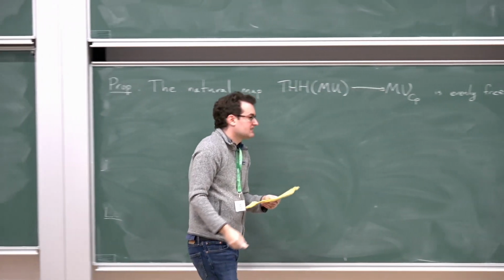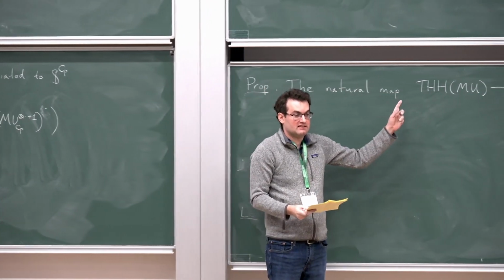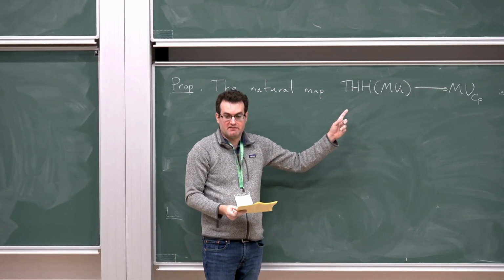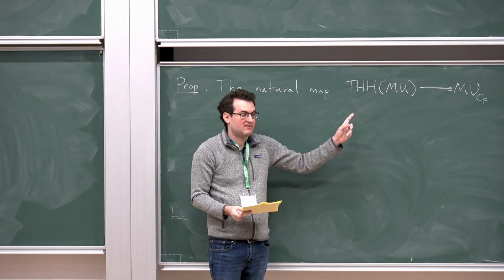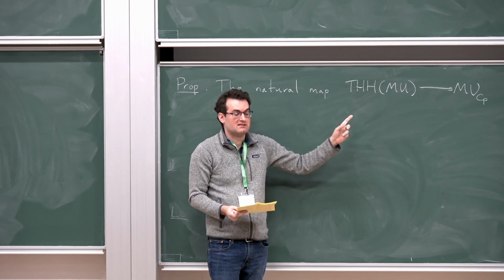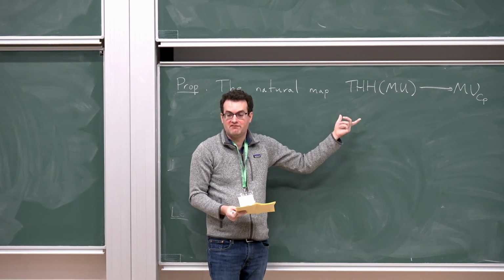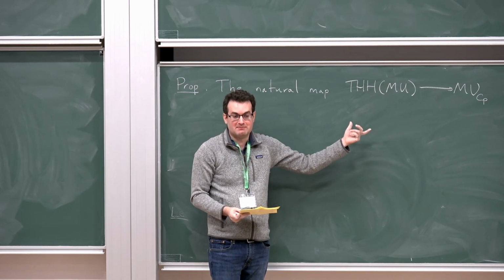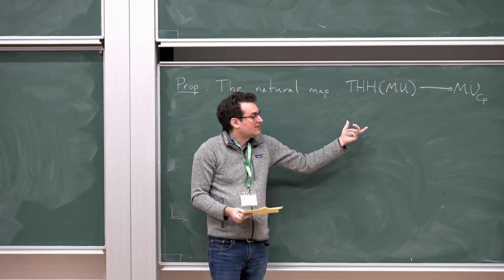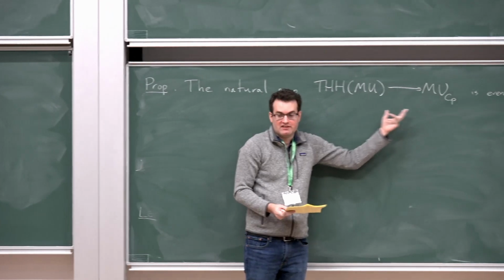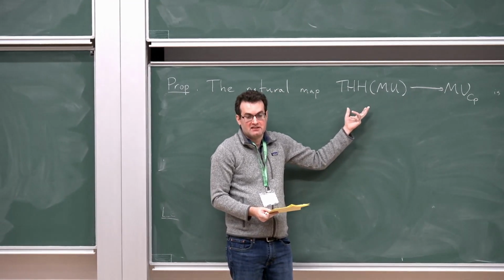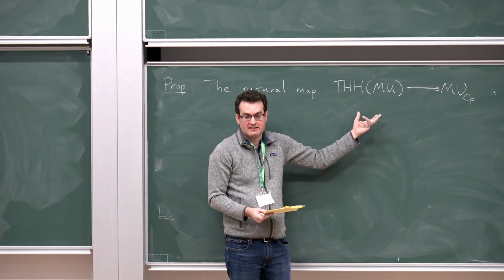So in a moment, I'm going to tell you what THH of MU is. And I'm going to think about it as a genuine CP spectrum, even though I said it's Borel. In fact, it's going to wind up being a Borel genuine CP spectrum. But when I write down this map, I'm not resolving it purely in terms of Borel objects.